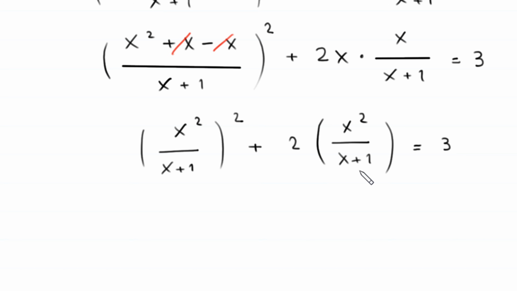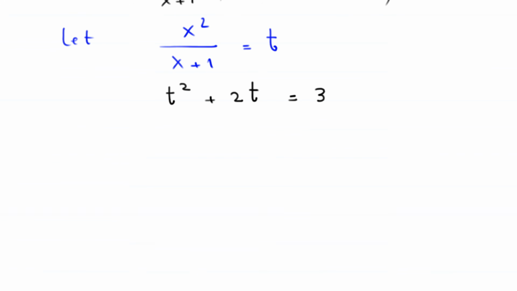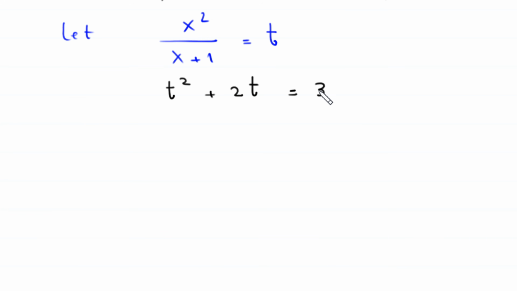And we suppose that x squared over x plus 1 is equal to t. So this equation will become t squared plus 2 times t is equal to 3. Move this 3 to the left hand side.